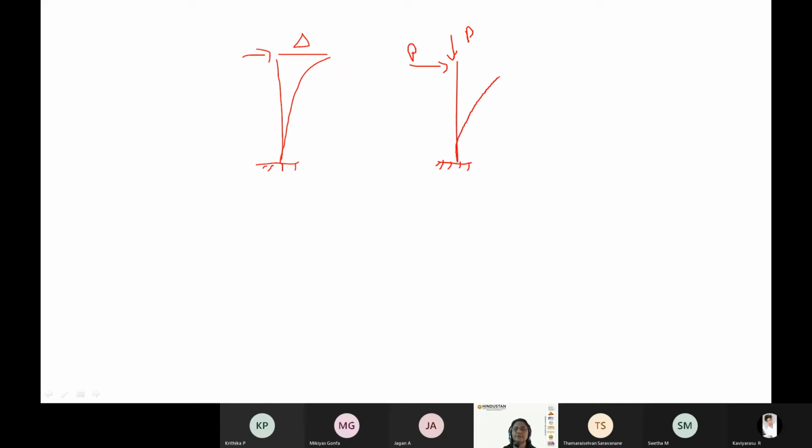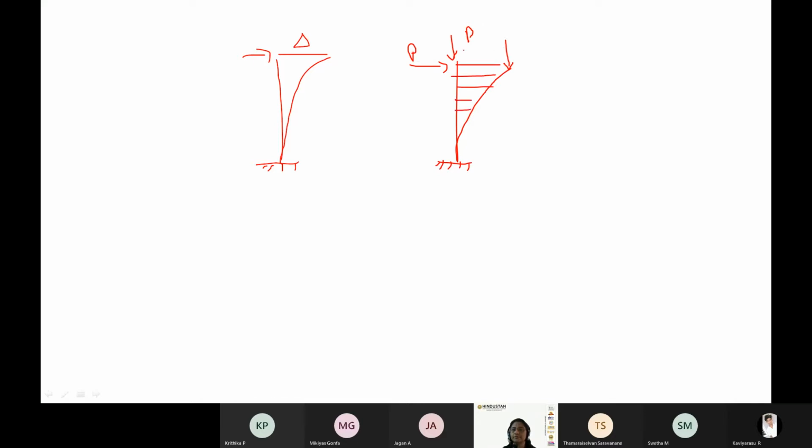So what will happen here? The structure will have a sway. This is a deformed shape. Once it is deformed due to the horizontal loading, this gravity loading will be shifted. Okay, the axis will be shifted. So every time there will be a displacement also.